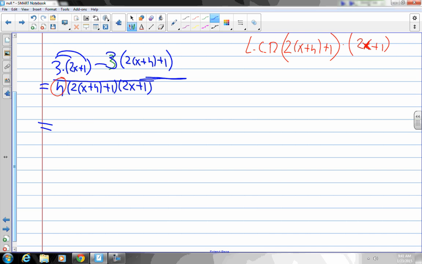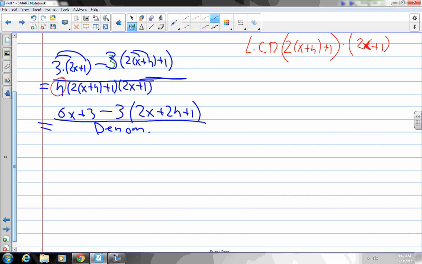Distribute 3, so it's 6x plus 3, minus 3 times, let's simplify that one, distribute 2, so 2x plus 2h plus 1, over whatever the denominator is. You can totally just write it like that because we're just messing with the numerator. So let's keep going: 6x plus 3 minus 6x minus 6h minus 3, over the denominator.